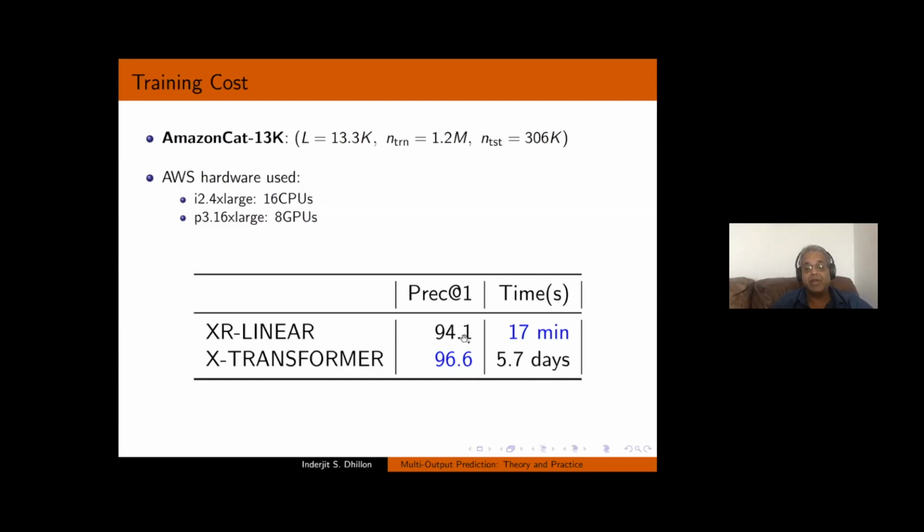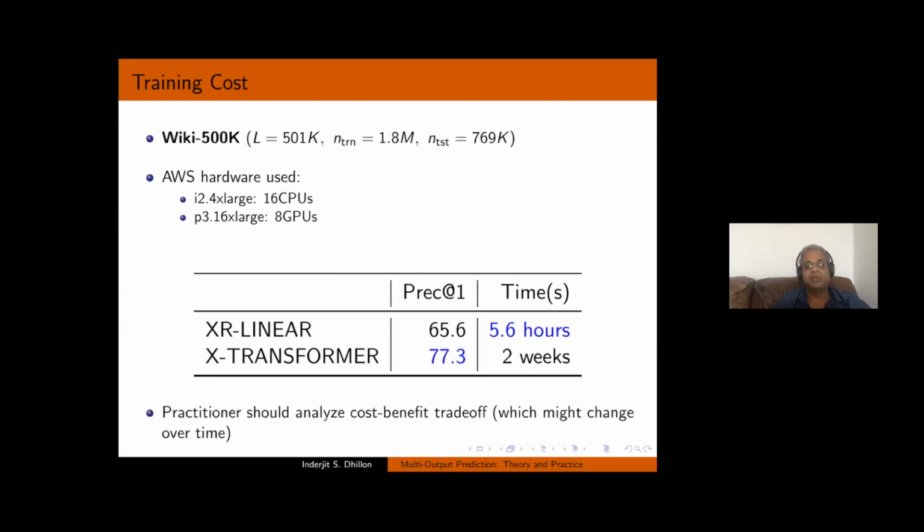And that's the additional expense you have for obtaining this additional precision, okay? Also, just to emphasize, the linear model results that I'm presenting are on a CPU machine with 16 CPUs, whereas the BERT-based models are on an 8 GPU machine. And the 8 GPU machine is, I think, about 10 or 20 times as costly per hour as the 16 CPU machine.